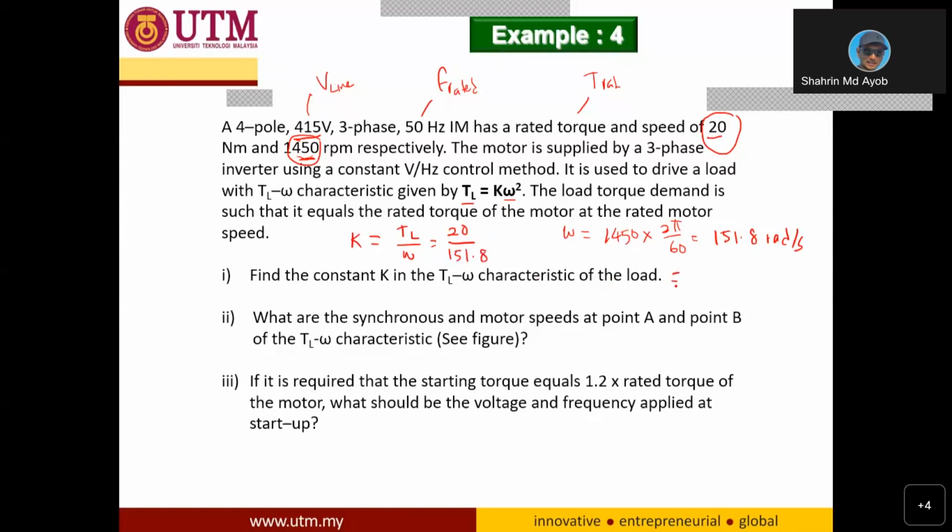So berapa ni? Bagi 151.8. 0.13. Oh, square. Okay, square. Kecil lah nilai dia.